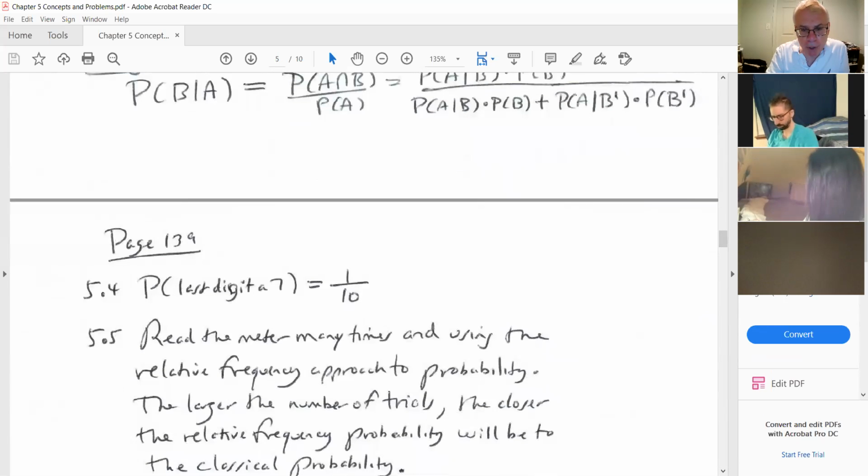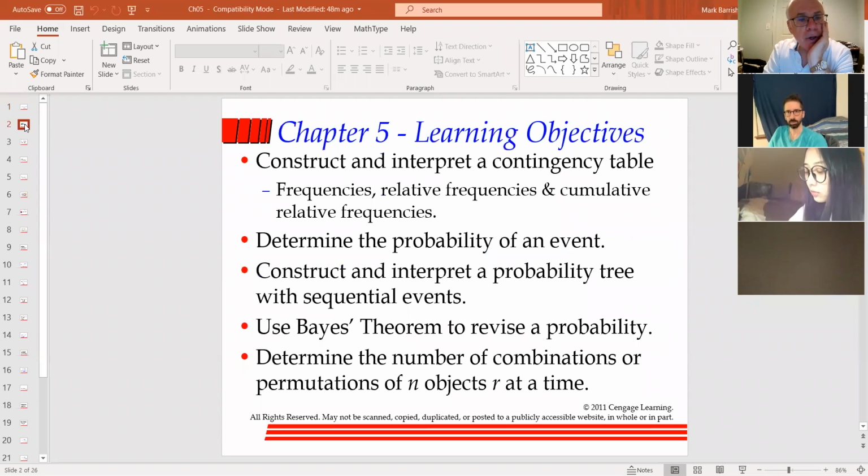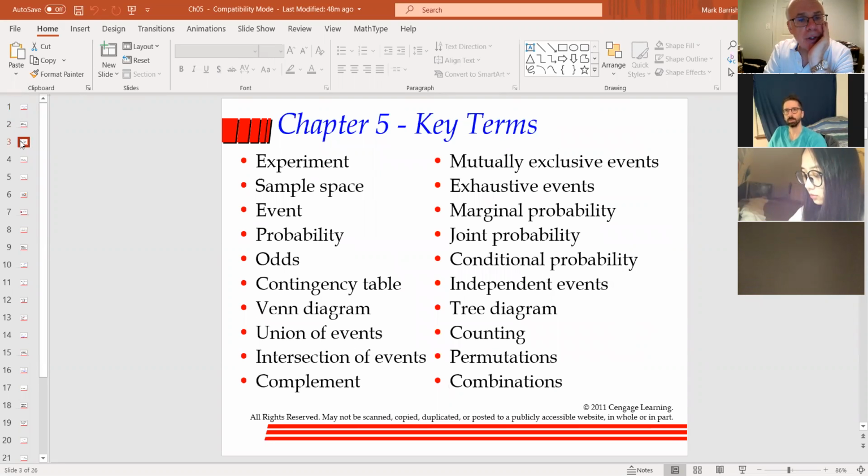Now let's go to the PowerPoint, and I just want to make sure that I filled in everything. Now, in the beginning, the first couple slides here, they're going over the learning objectives, which we'll be covering, and some of the terms that are used.